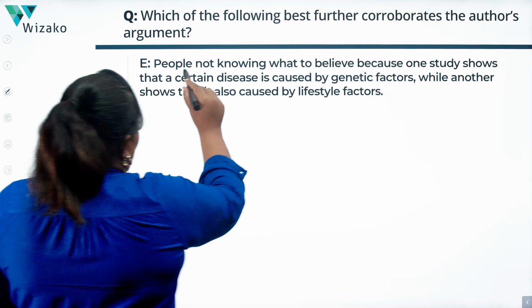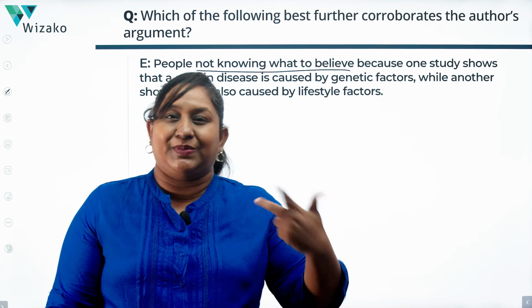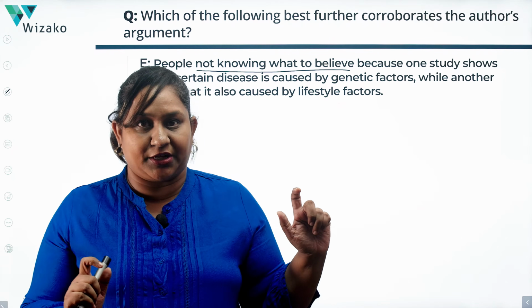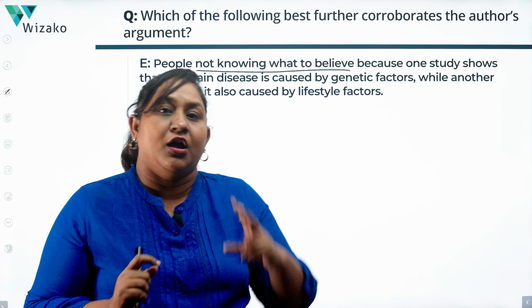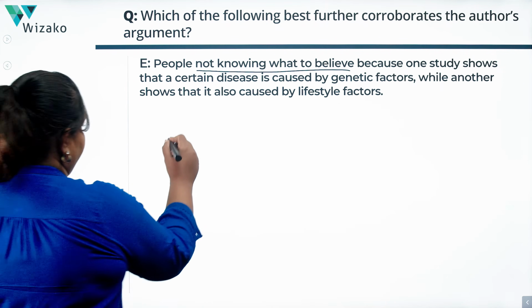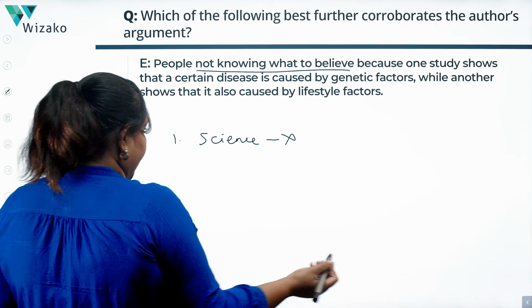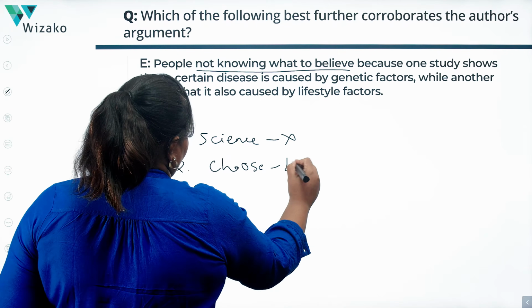People not knowing what to believe. Now right there I have a problem with E. People not knowing what to believe is a callback to the first part of the argument, not the author's side of the argument. And even there, when talking about the first part of the argument, what were the two beliefs that people had? One, they said that science as a whole is problematic, or they said, let me choose what I want to believe, right?